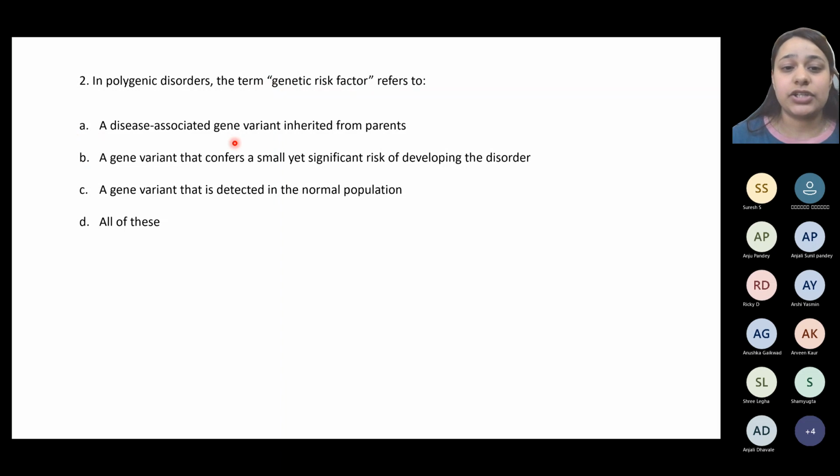A, a disease associated gene variant inherited from the parents. B, a gene variant that confers a small yet significant risk of developing the disorder. C, a gene variant that is detected in the normal population. And D is all of these. So anybody who has followed what I have said would have a pretty good understanding of what might be the answer, right? So we'll not wait over here for a very long time.